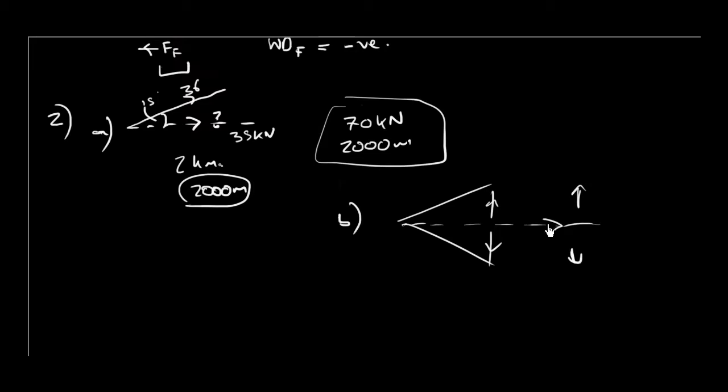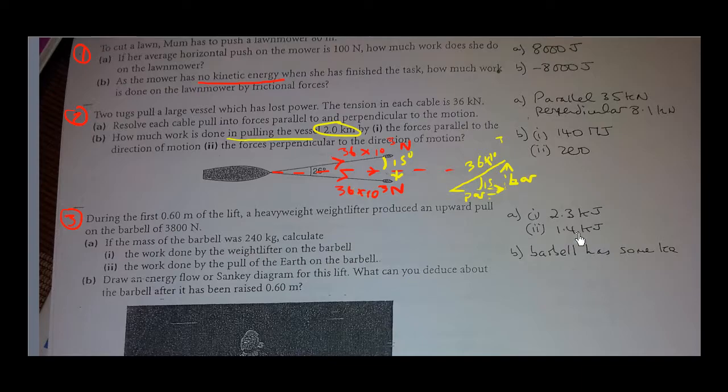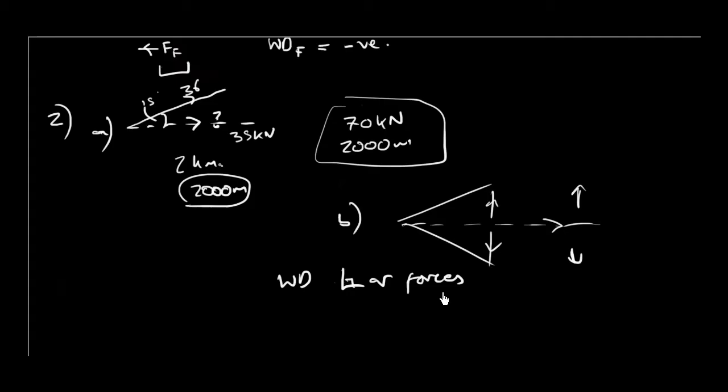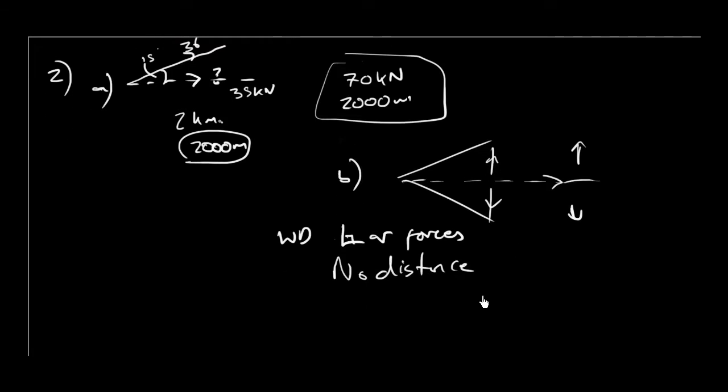It's completely the movement in that direction. So if you're going to look at the work done by the perpendicular forces, the reason why the answer here they give you is 0 is because there's no distance traveled at all in the vertical direction, no distance in the perpendicular direction.